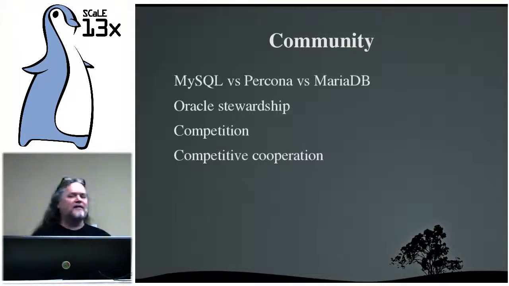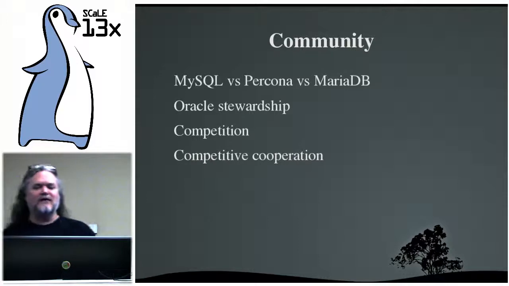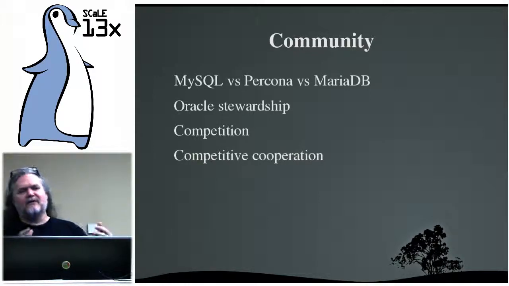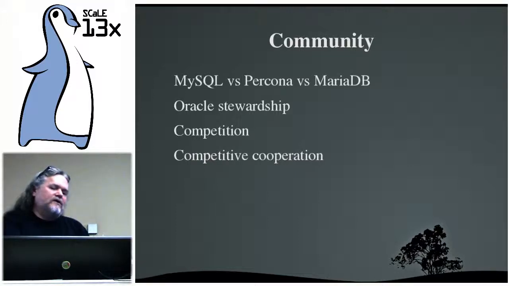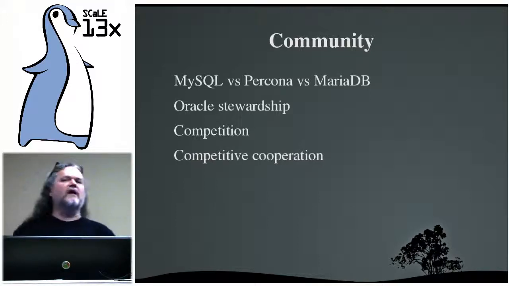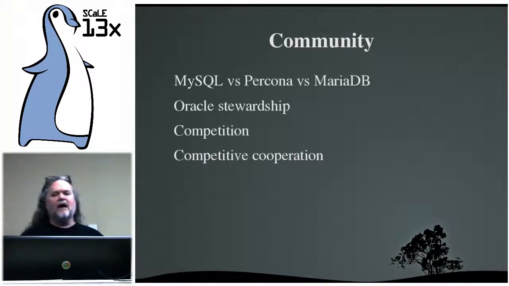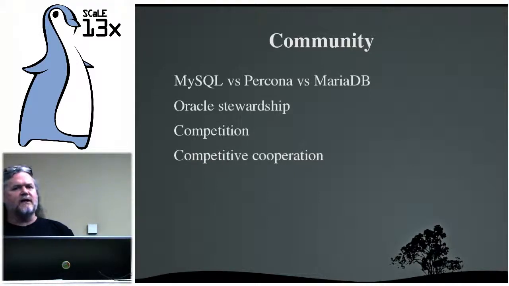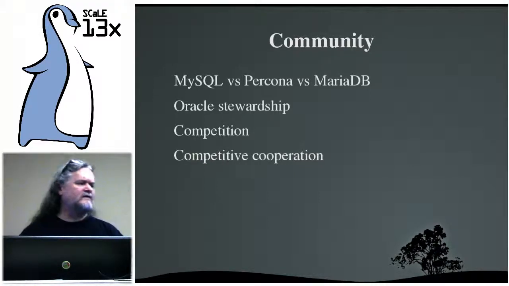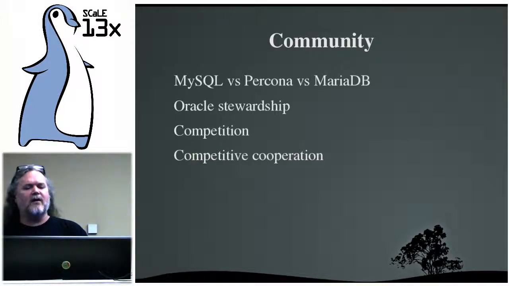Competitive cooperation. I think that is what free software does. Because if you've got a project and you've built it, you should know it the best. But if you're doing a bad job, somebody else can take over and start doing a better job and start competing, or provide a different service than what you're providing. So I think we've got that now in the MySQL community, especially with these three. And there's other derivatives and other pieces that go in there as well that help that.